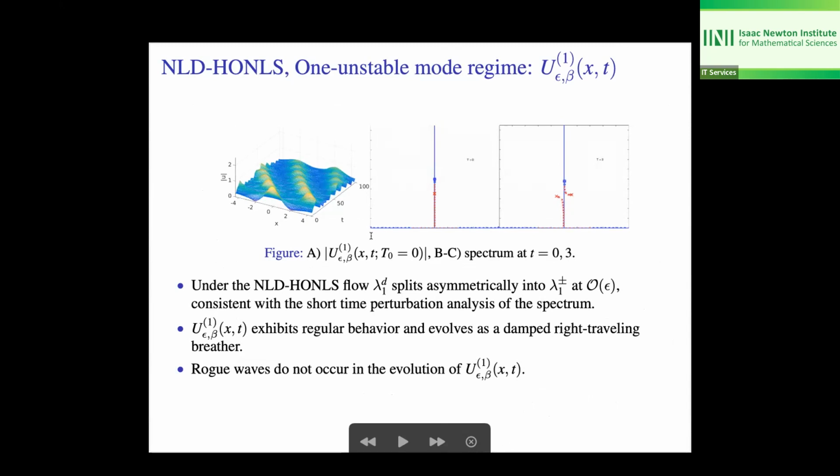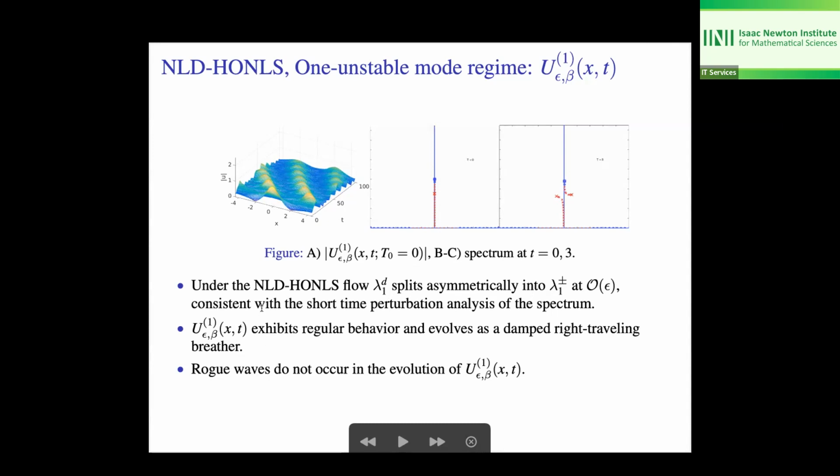And here, before we have the nonlinear damping, initially what you're seeing is the band of spectrum on the imaginary axis with one double point. Under nonlinear damping, lambda sub 1 splits asymmetrically into lambda 1 plus or minus at order epsilon, which is consistent with the short time perturbation analysis of the spectrum.